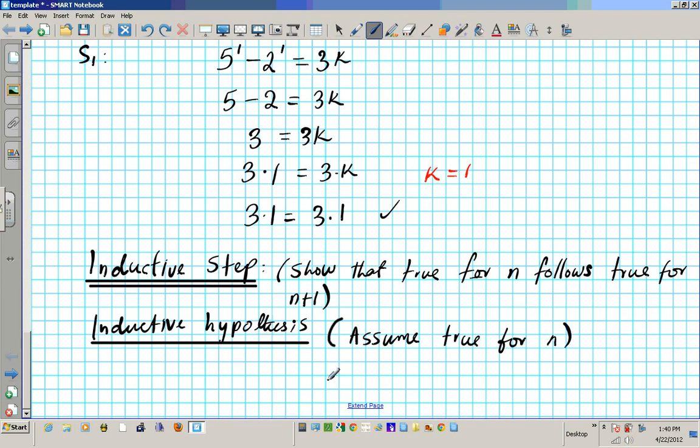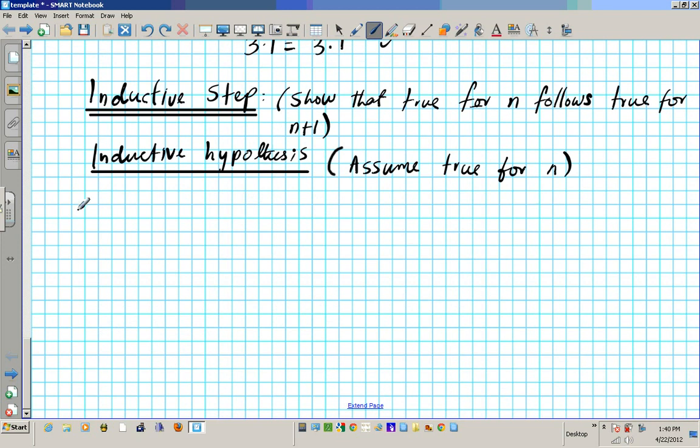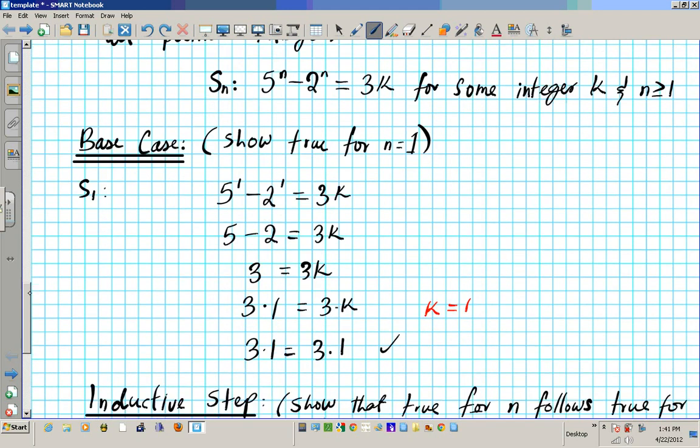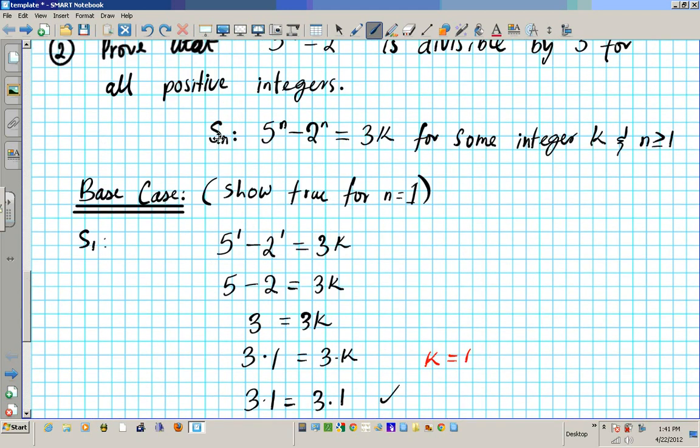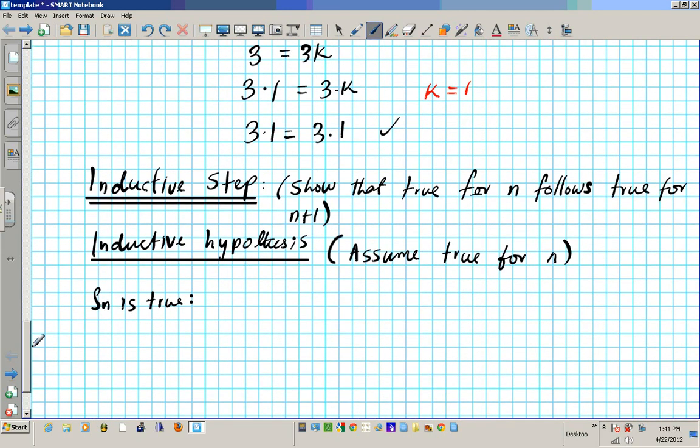Okay, we're going to assume that the statement is true for n. So we just need to state that Sn is true. Okay, Sn is true. So how do we do that? I'll just simply rewrite the original statement, this is the original question right here, just assume that that's true.